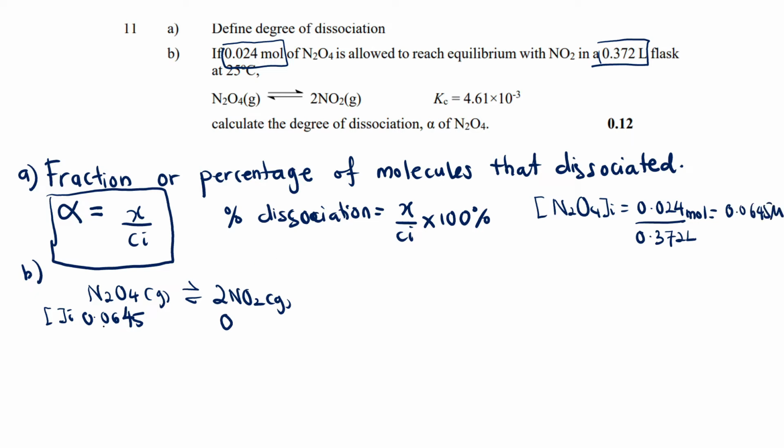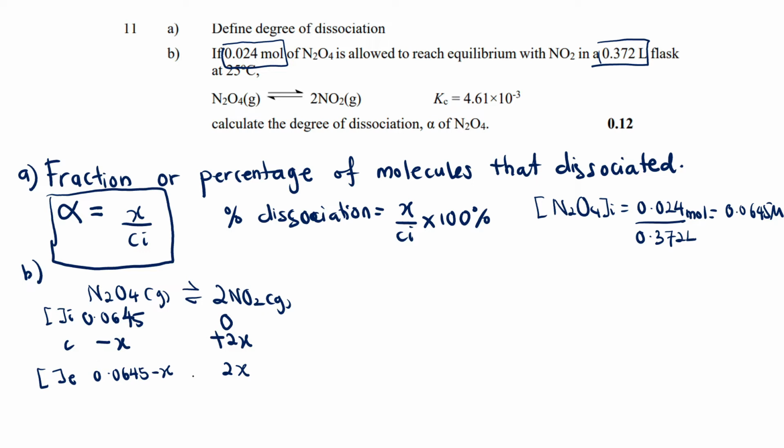So di sini kita letak 0.0645 molar. The change is, tengok di sini tiada perkali, so we just minus X, and this one is plus 2X. So concentration at equilibrium is 0.0645 minus X, and 0 plus 2X is equal to 2X.